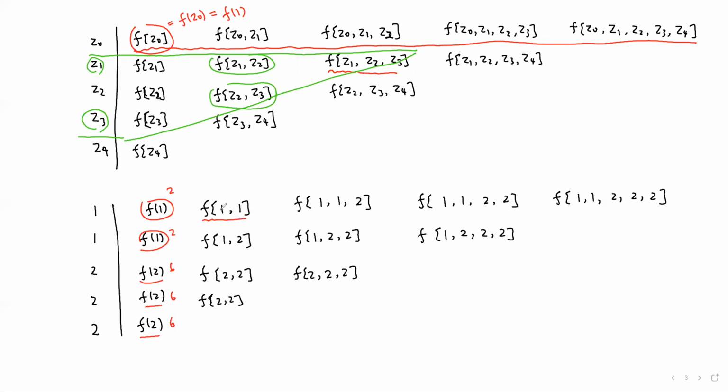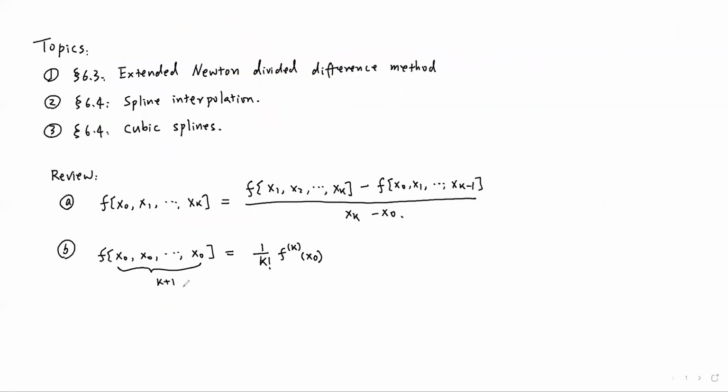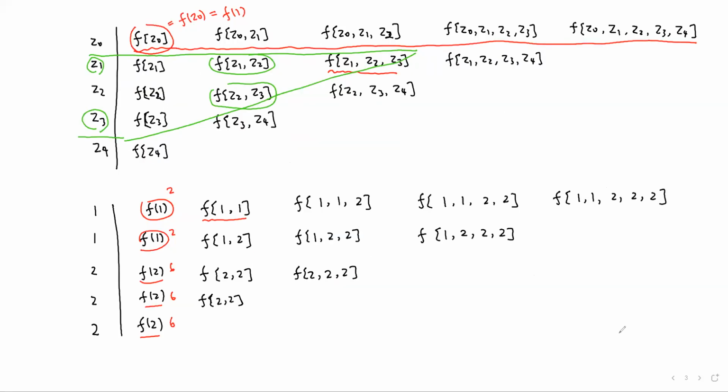Divided difference at 1, 1. Now the arguments are identical, so this time I use this formula. So 1, 1, k is 1. So 1 over 1 factorial times the derivative of f at 1. So this guy is equal to the derivative of the function at 1.